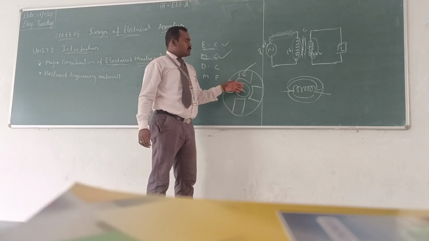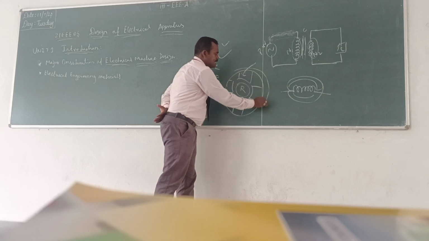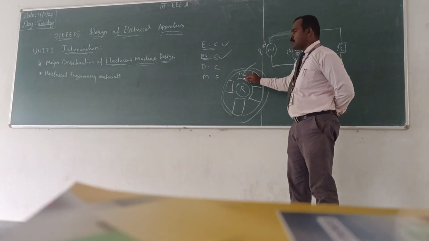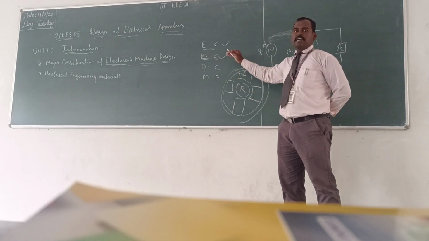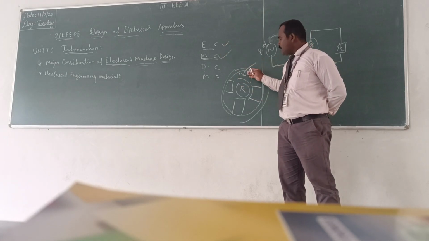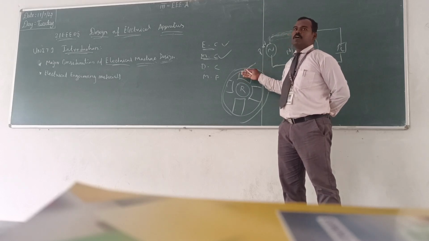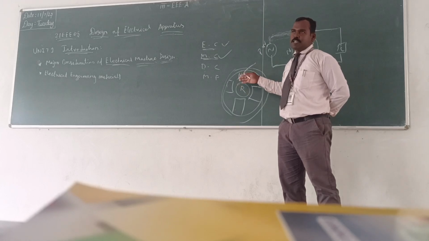While you give the supply, the stator winding and rotor winding are the electric circuits. Wherever we give the supply, that circuit comes under the category of electric circuit. Then after giving the supply, based on your input voltage, it forms the magnetic flux, the magnetic field. It is transferred into another medium, that is the magnetic circuit.